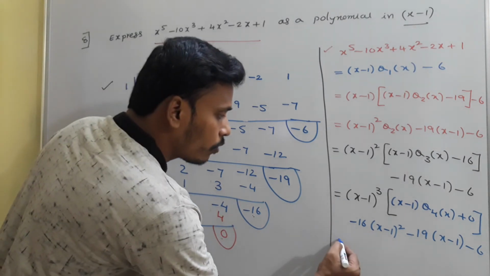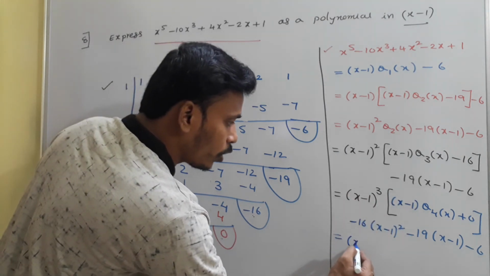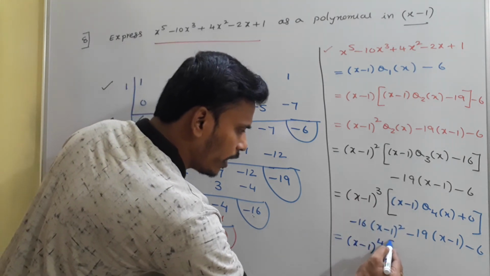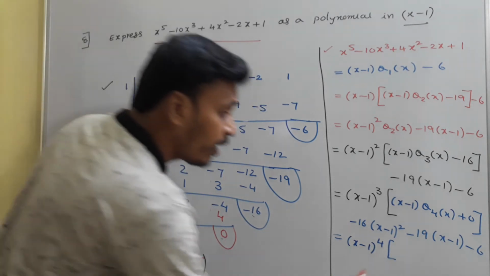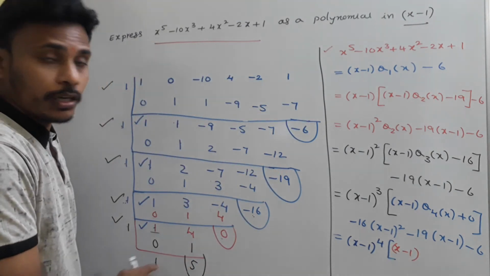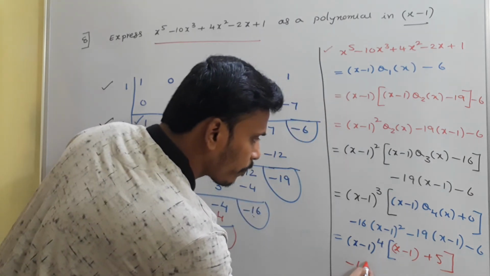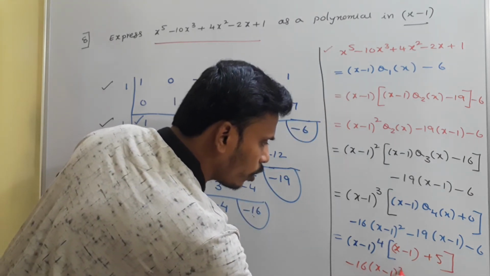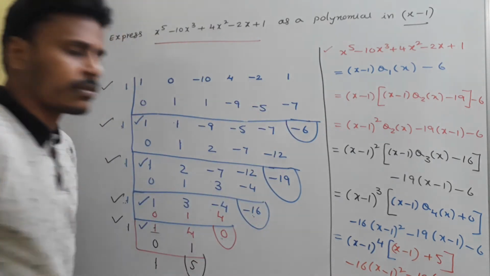Now I have no space actually here. This is equals to (x minus 1) to the power 4 into that q4 of x, which can be written as (x minus 1) into 1 plus 5, minus 16 (x minus 1) whole square minus 19 (x minus 1) minus 6.